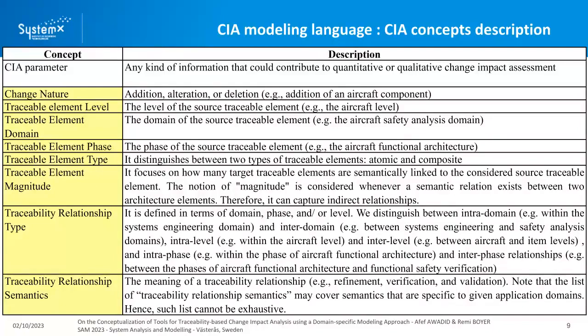And we use the domain attributes to classify with this dual attribute. Phase, to track some element of the V cycle. Element type, because we have a distinction between atomic and composite.